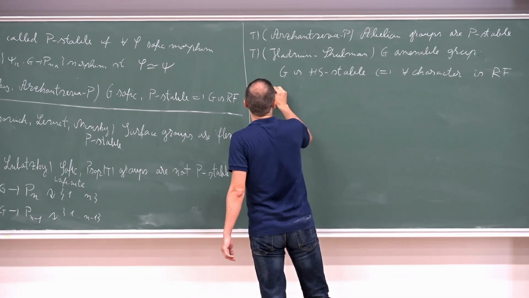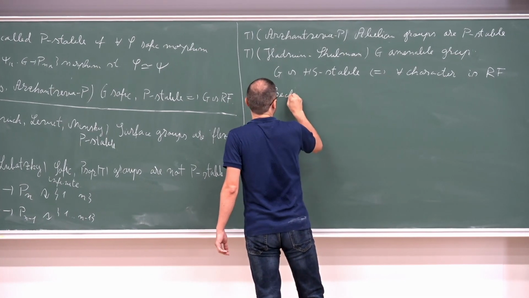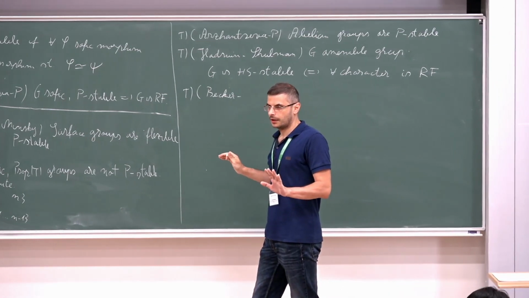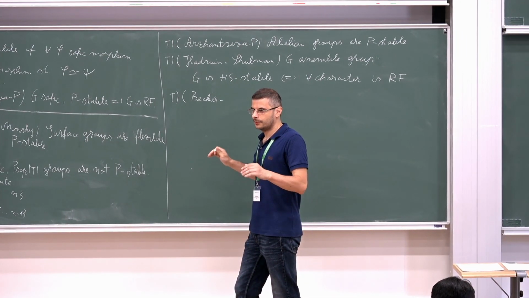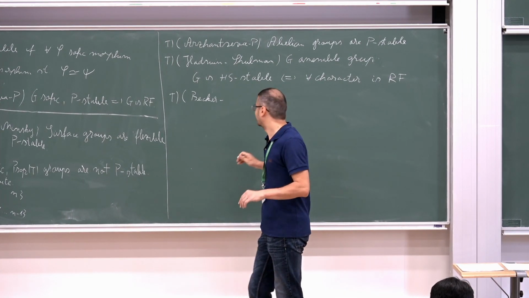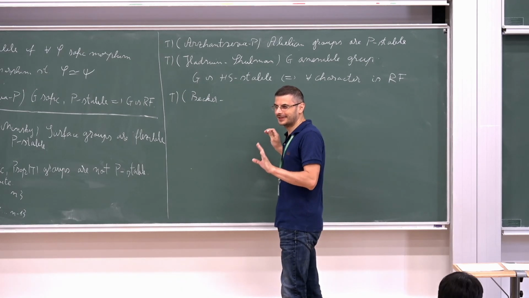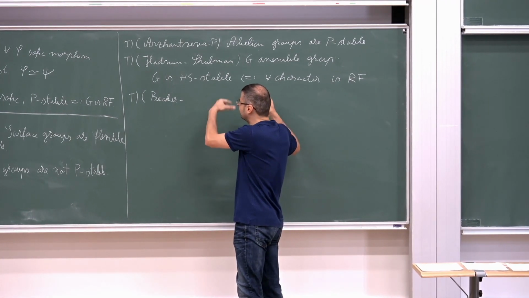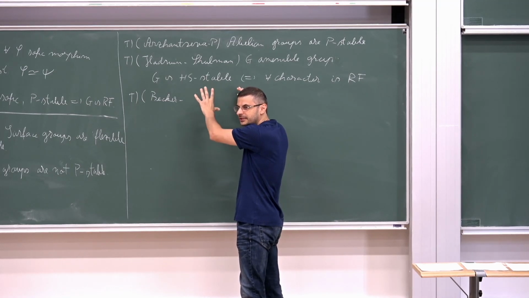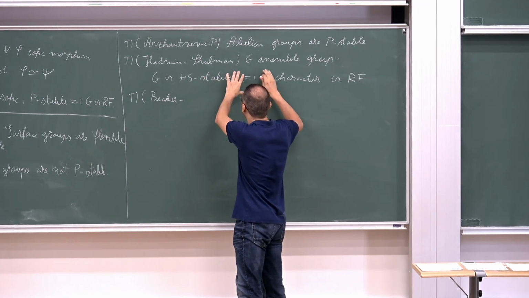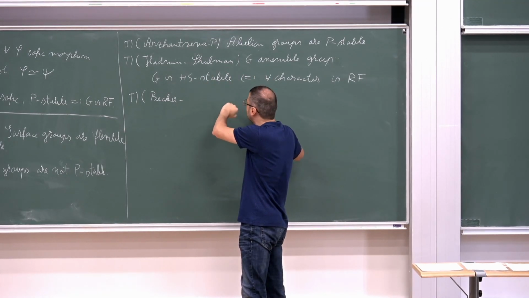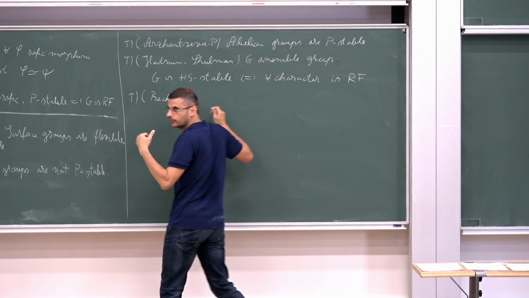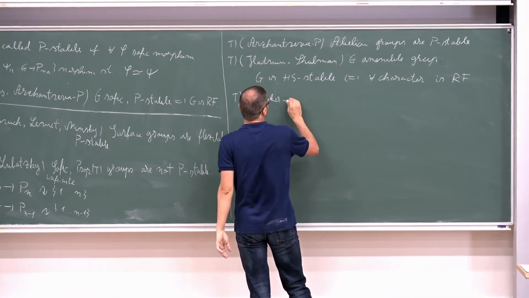And the third result is due to Becker. What is a character? What is residually finite? I will say later. I agree that there are some definitions missing. For now, I just want to present the idea that we have a complete characterization of stability for Hilbert-Schmidt and for permutation stability in the case of amenable groups. We'll talk later more about these notions.